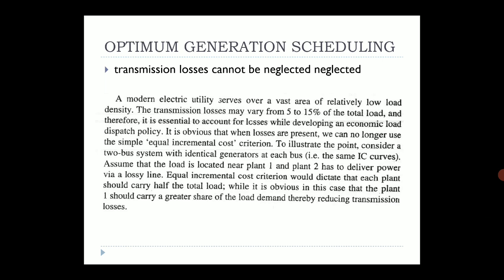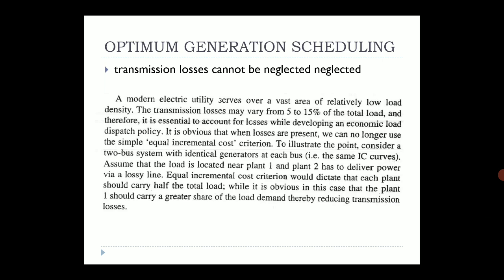So the equal incremental cost criterion would dictate that each plant should carry half the total load. If both ICs are the same for both generators, then each generator can take half of the load and they can manage that. But the load is closer to generator 1 and generator 2 has to transfer via a lossy transmission line.